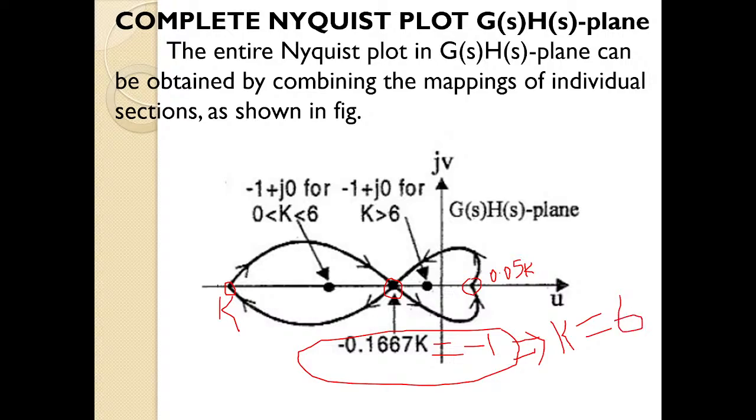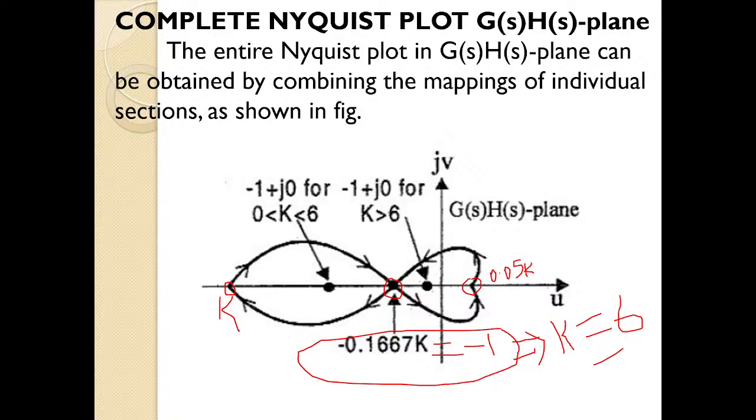Okay, it's just an assumption. We can't assure that the K value is definitely 6. So K value can be less than 6 or greater than 6, we can't say. Since we have assumed that -0.167K is equal to -1, we have got some K value. So K can be less than 6.